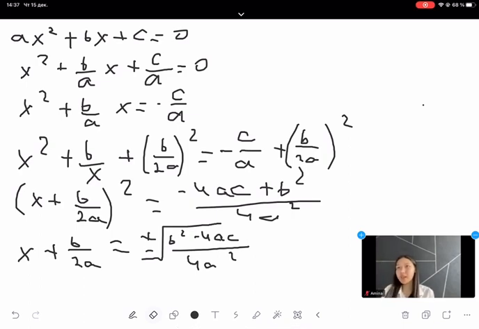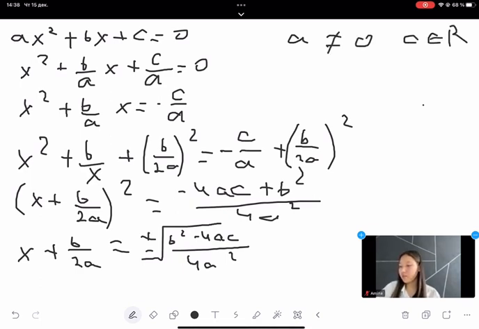Take the quadratic equation ax squared plus bx plus c equals 0, with a not equal to 0. Divide both sides by a.